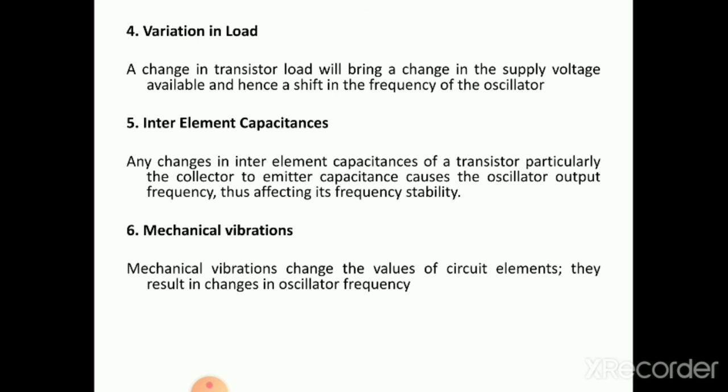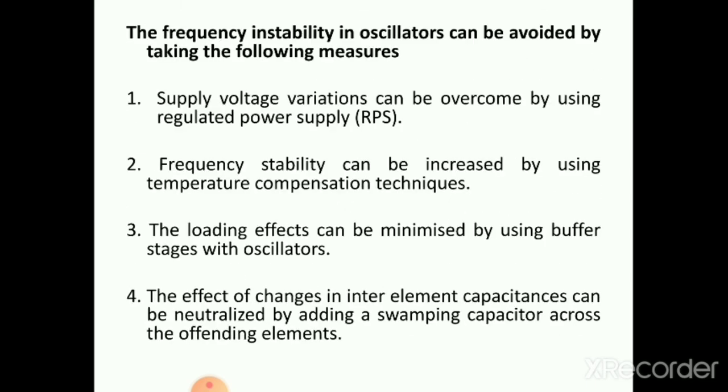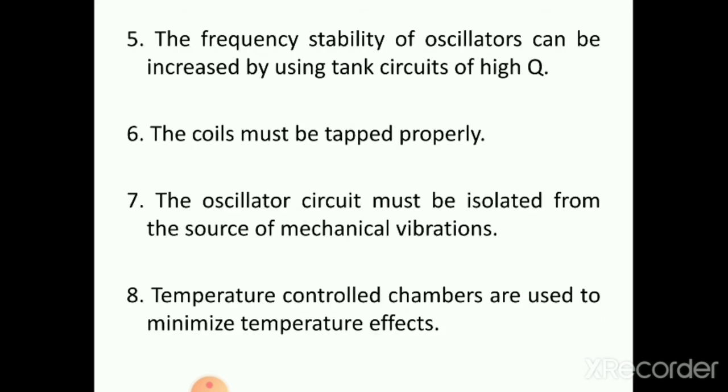Mechanical vibrations change the values of circuit elements and result in changes in oscillator frequency. So these are the causes and what will happen because of them, and we have seen the remedies, what we have to do in order to avoid these effects, so that the stability of the oscillator is increased and maintained.